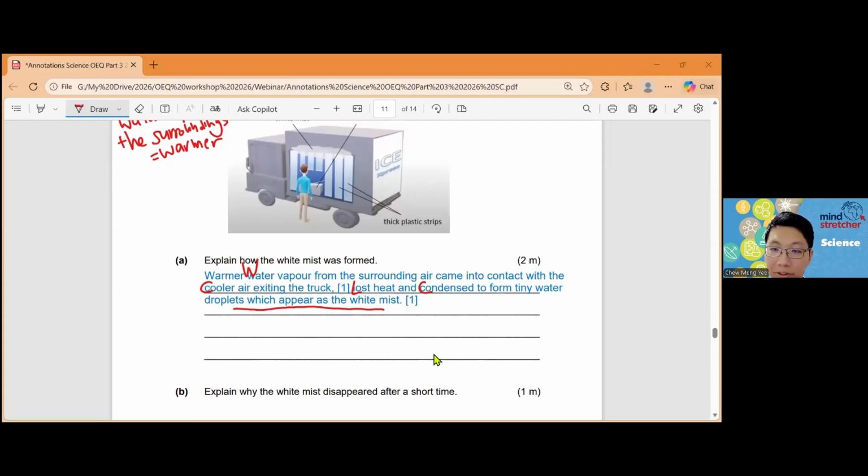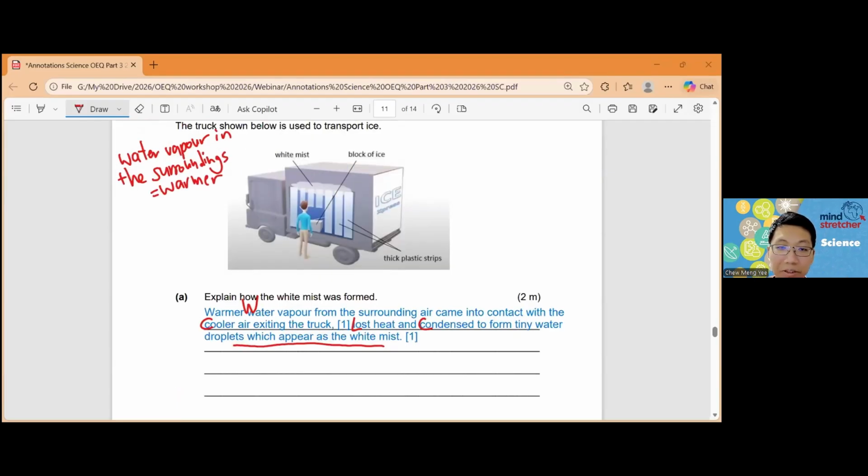Kaden, are you P6 or P5? Or others? P6, okay, very important thing. If you are already at P6, you have to know the difference between water vapor, steam, and mist. I'm going to emphasize on this.